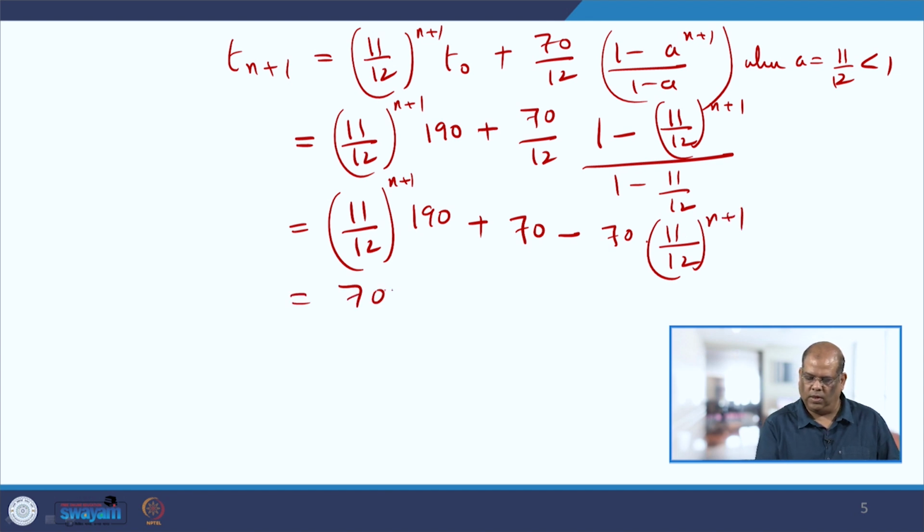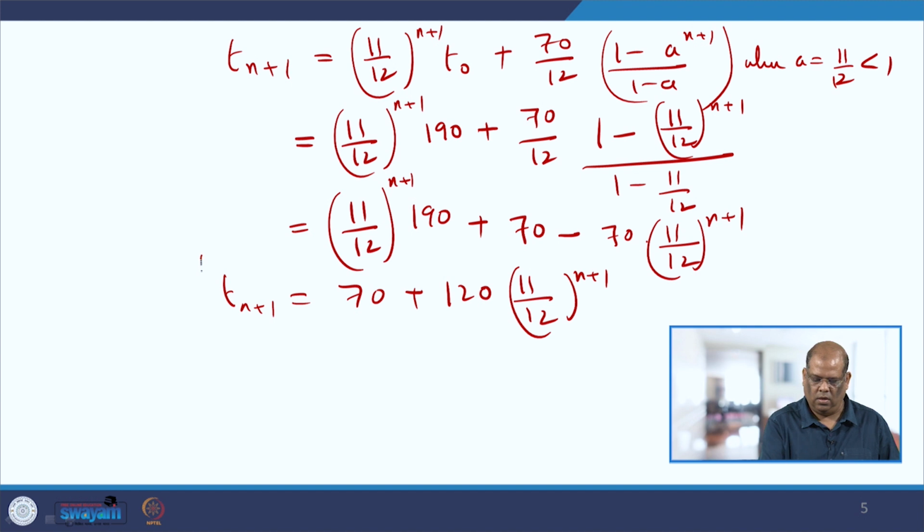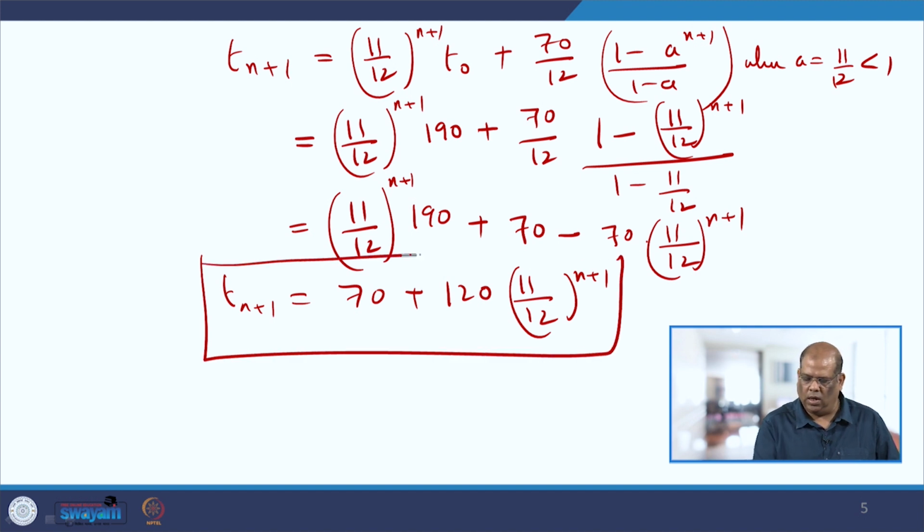So, this will be 70 plus 120 times (11/12) to the power n plus 1. So, this is the equation which you get for a cup of coffee which was kept at the surrounding temperature, which is the room temperature at 70 degree Fahrenheit.